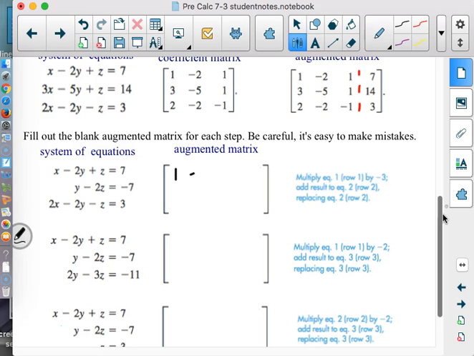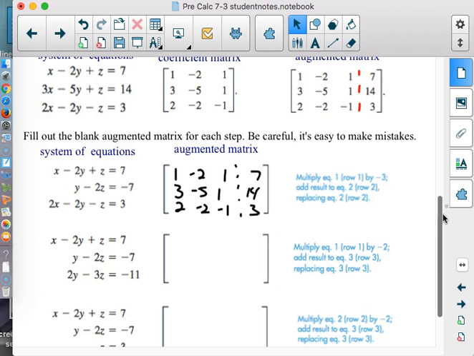So 1, negative 2, 1, and there's 7, 3, negative 5, 1, 14, 2, negative 2, negative 1, and 3. Now they're going to guide us through this. It says multiply the first equation, which was everything on the top here, by negative 3, and then add that to equation 2.